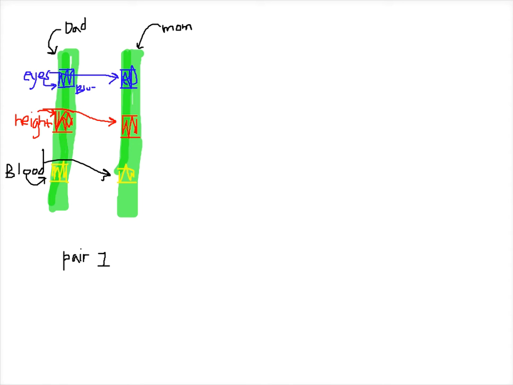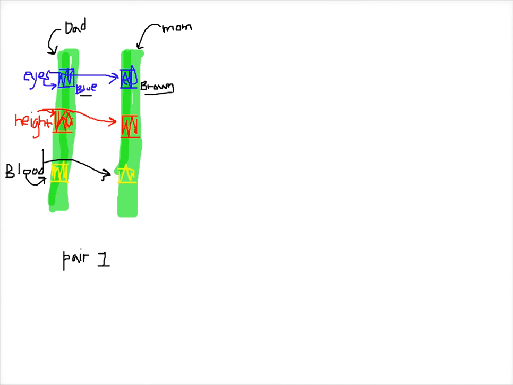At the same time, the eye color gene that Mom has may have a different nitrogen base sequence. So even though it's an eye color gene, if the base sequence is different, then her eye color gene may actually write instructions for giving you brown eyes. So you are carrying two different eye color genes, one from Dad that says blue eyes and one from Mom that says brown eyes.